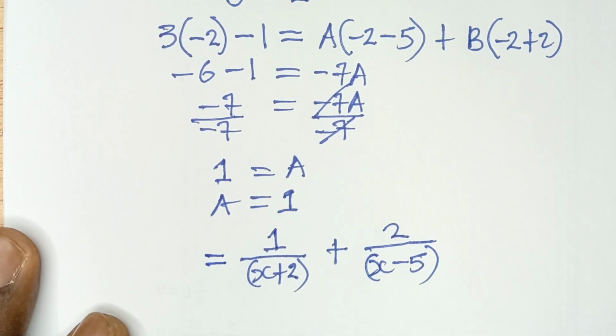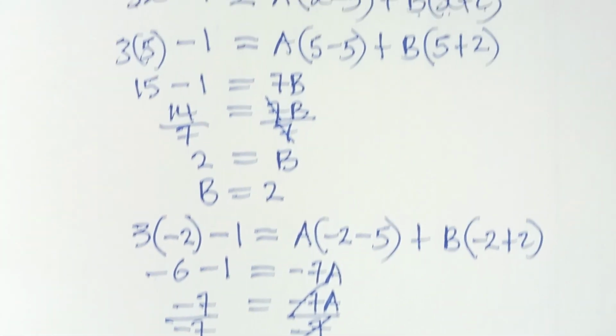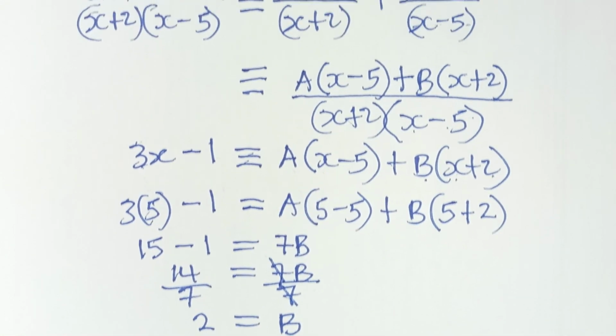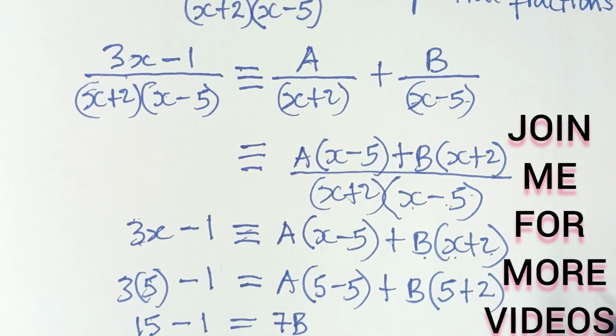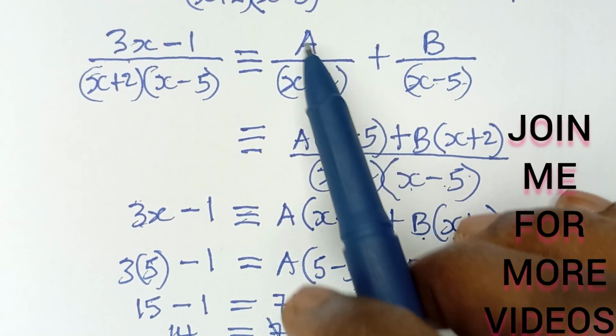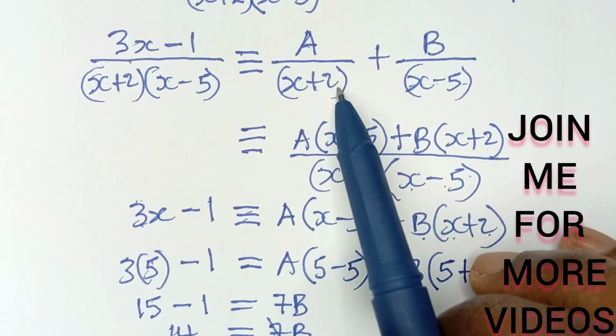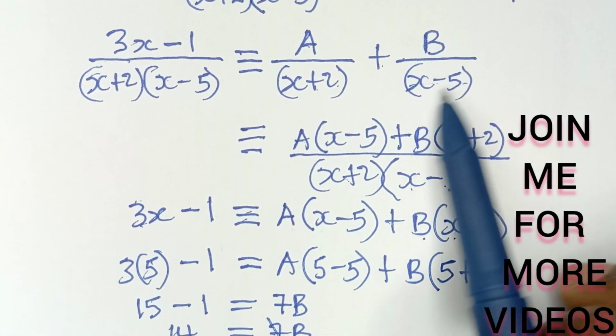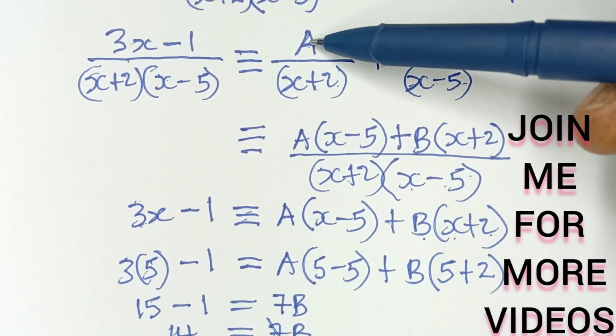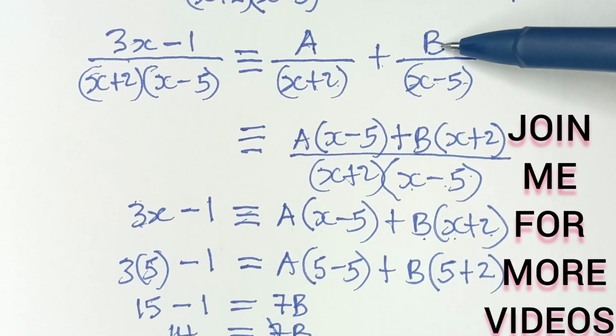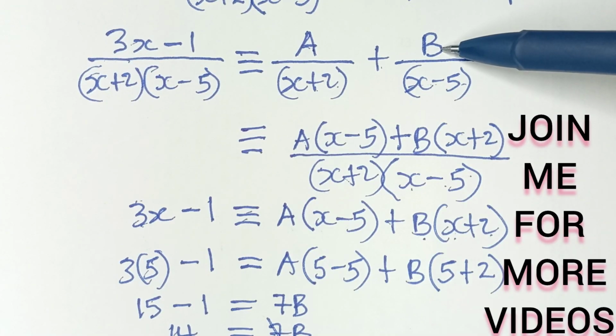So this is our partial fraction. So let's see what we just showed you now from the original question. The original question is saying a all over x plus 2 plus b all over x minus 5. So we just found the value of a as 1 and the value of b as 2.